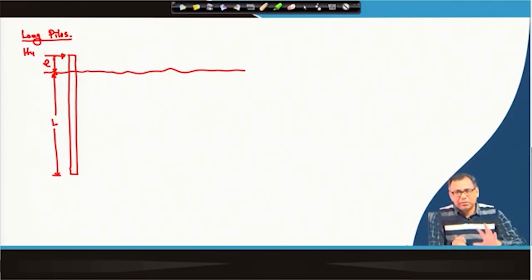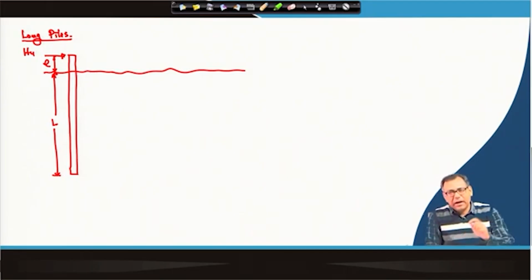So, the lower part of the pile will be very rigid, it will not move like the short pile. So, what will happen, the upper part of the pile will move, and after a certain point if we apply more HU, then there will be a break or yield of the pile at a point, and that will happen if the developed moment within the pile is greater than the yield moment of the pile material.